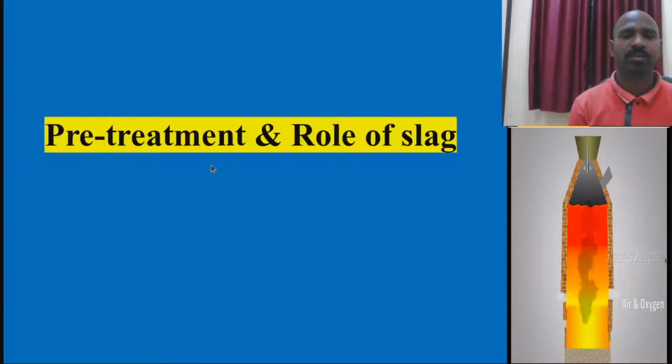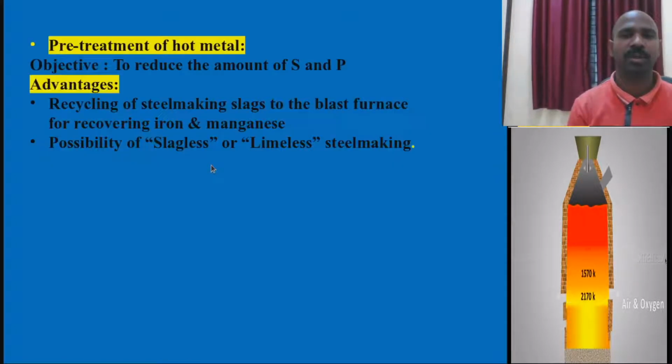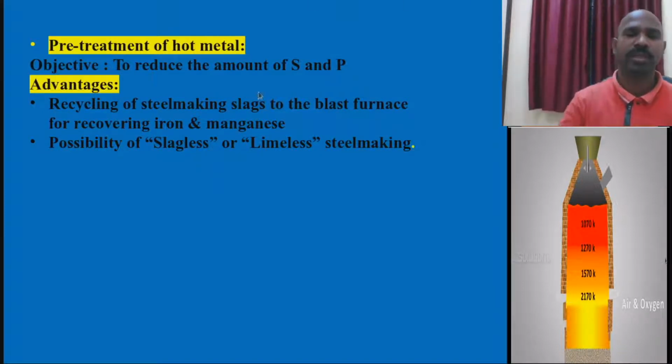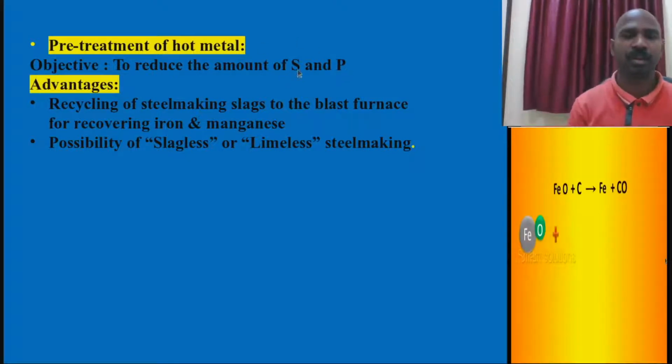First, let us know about pretreatment and the role of slag. The pretreatment process objectives are to reduce the amount of sulfur and phosphorus content in liquid pig iron coming from the blast furnace process.